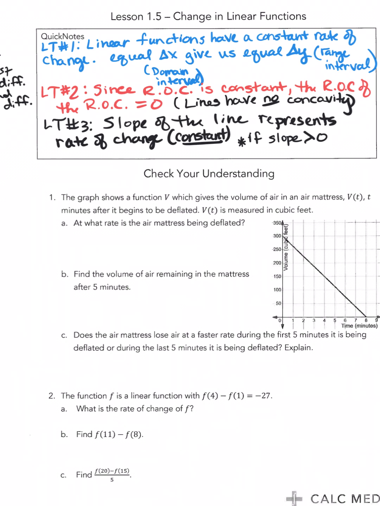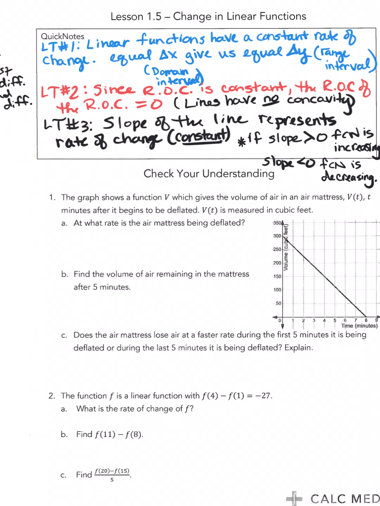That means that the function is going up. In other words, the function is increasing. What happens if the slope is then less than 0? Hopefully you're saying that the function is decreasing.